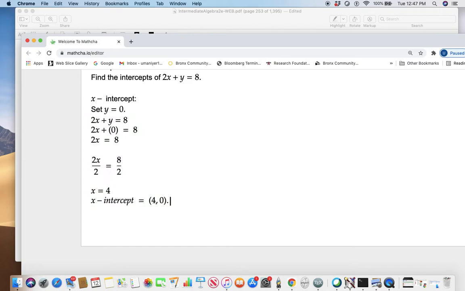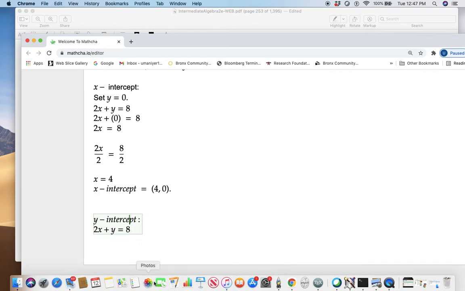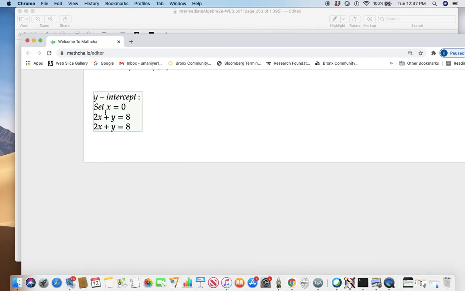Now, to find the y-intercept, set x to 0. Set x to 0 in this equation.